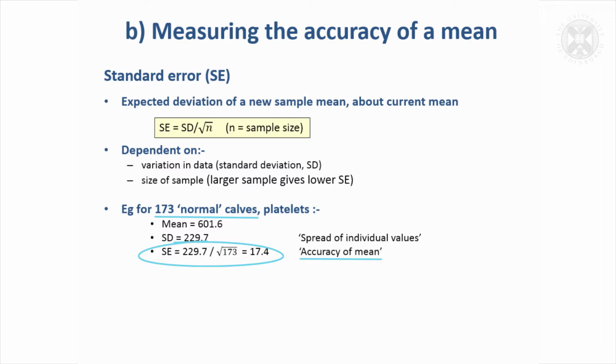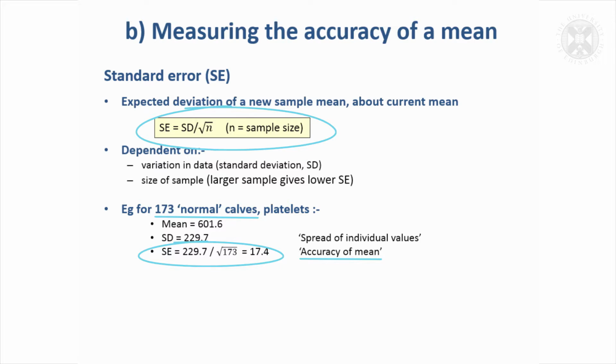If we use this formula here, we divide by the square root of the sample size, which is 173, and we end up with 17.4, and that gives us the accuracy of the mean. So if we were to go out and do another study, take another 173 normal calves, we would expect the mean value to differ, on average, from roughly 602 by 17.4.